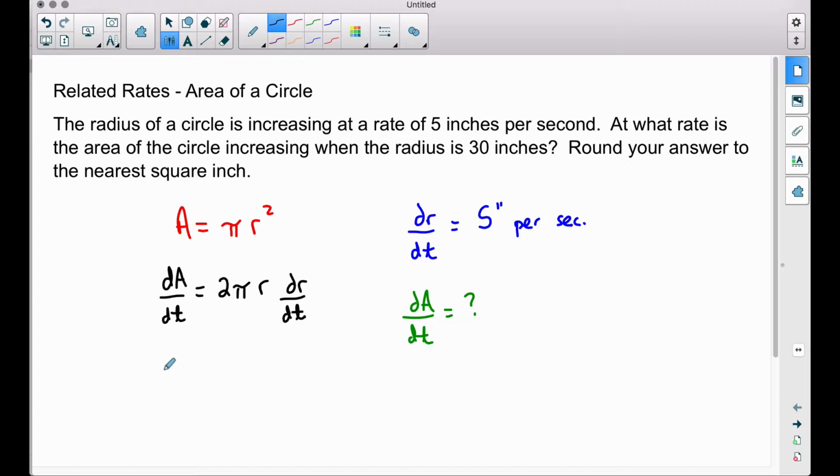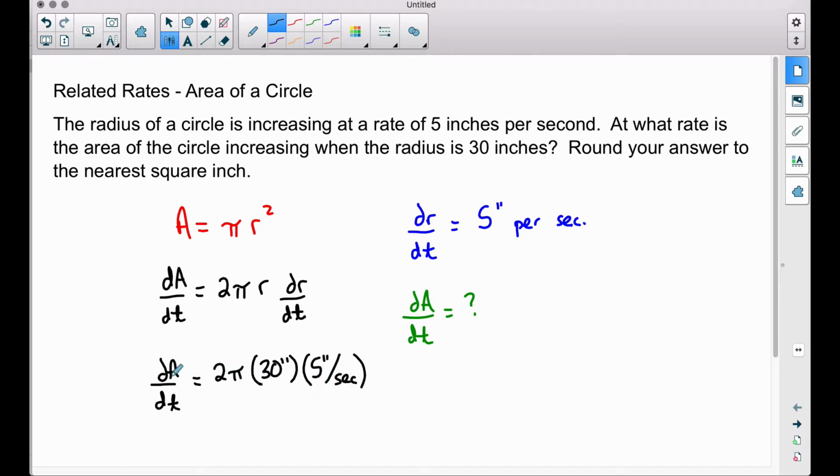Well, look at what we have here. We have dA dt, which is what we're trying to find, is equal to 2 pi. We have a specific radius we're talking about, 30 inches. So we have 30 inches. dr dt is 5 inches per second, so let's plug in that 5 inches per second. And I'm using my units here too for a reason.